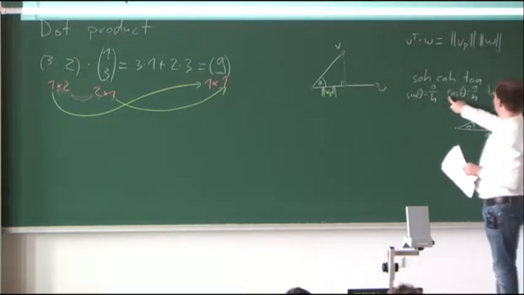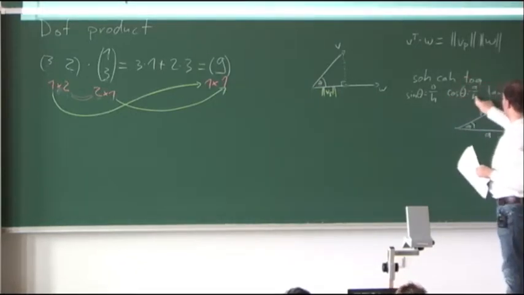Okay, so from this we can recall that cosine theta is adjacent over hypotenuse.